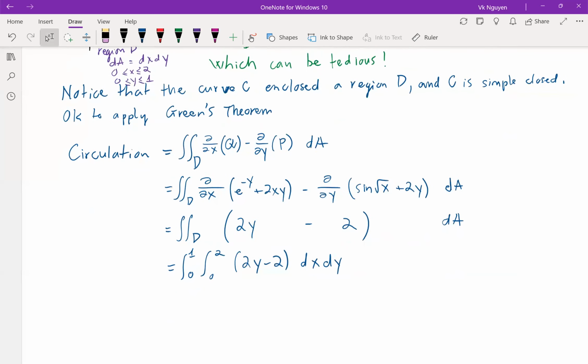Evaluate with respect to x, that is going to be a 2, integral from 0 to 1 of 2y minus 2 dy.